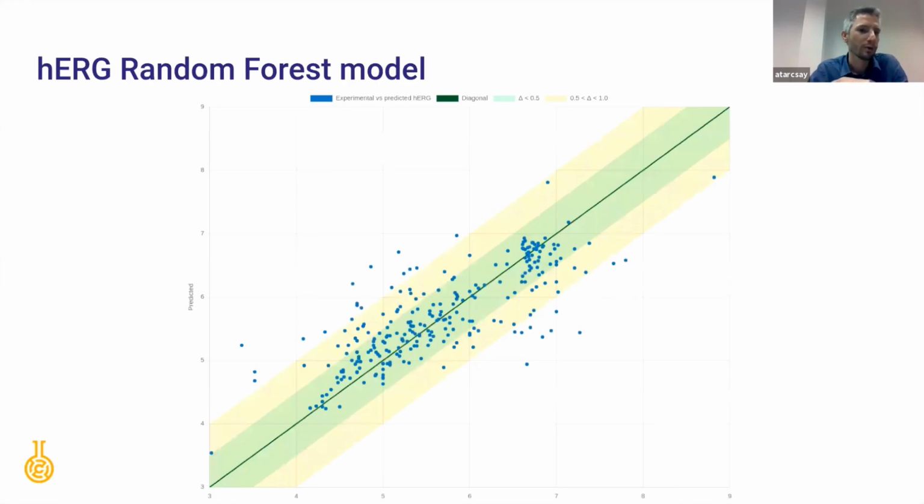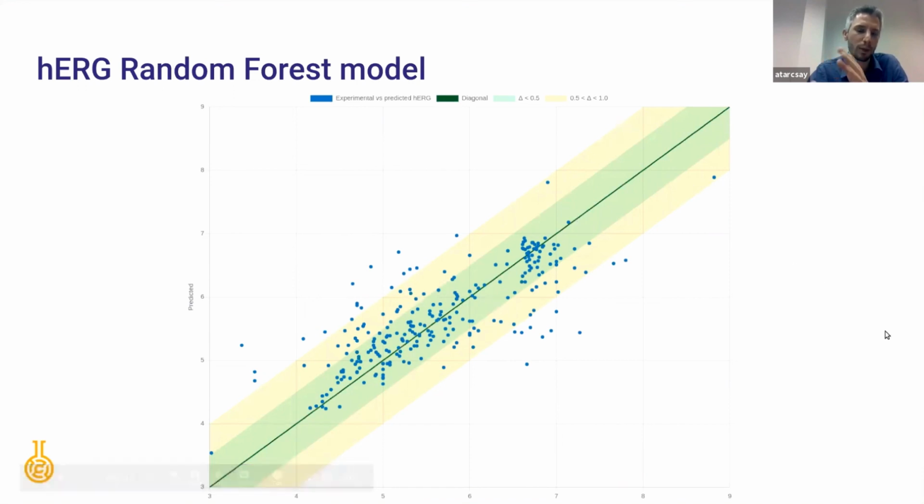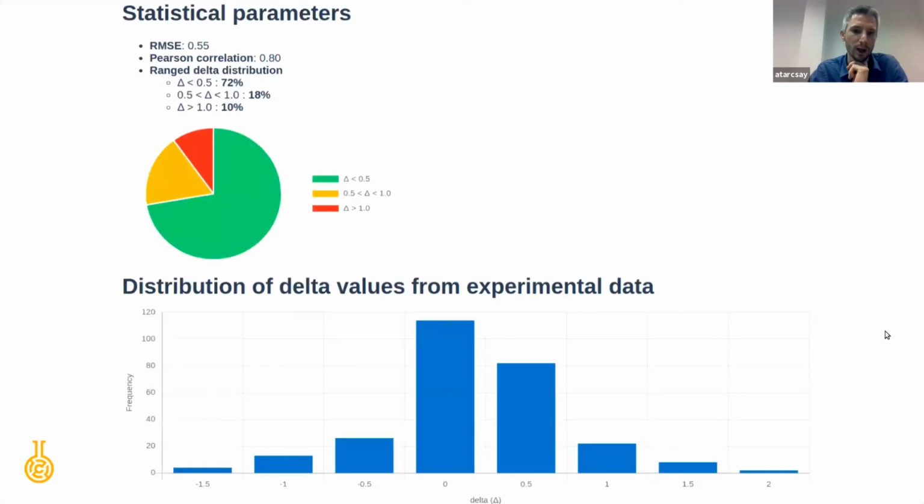And that's one of the examples, the hERG, which is a cardiotoxicological endpoint, and this is the test set. You can see the 0.5 and 1 bins error bars on this graph, and these are the statistical parameters. So in this case, in 72% of the cases, we could achieve pActivity prediction in 0.5, relying on curated data and random forest techniques.